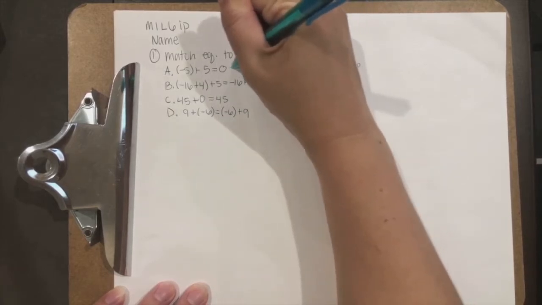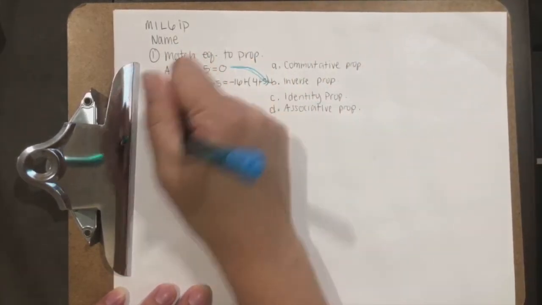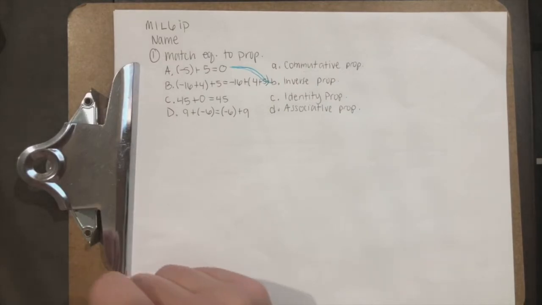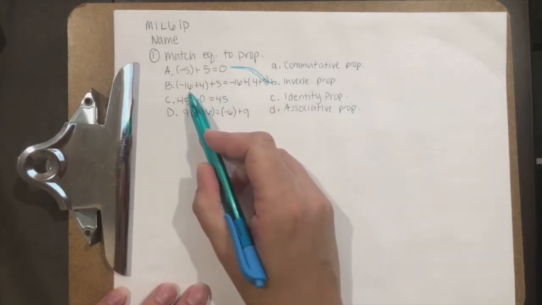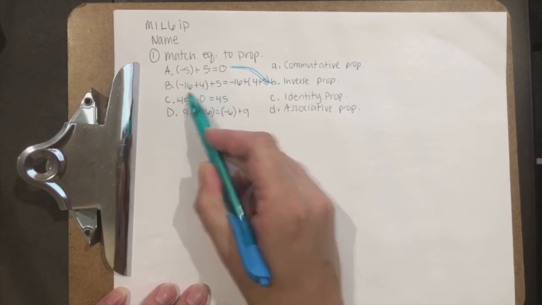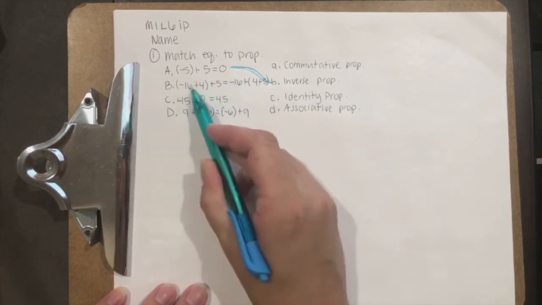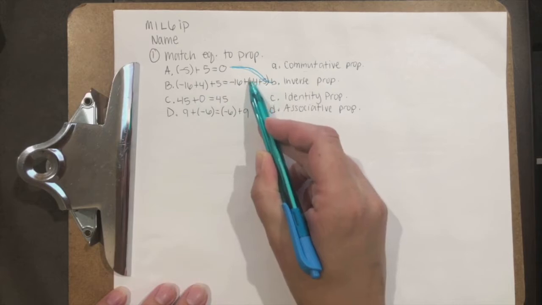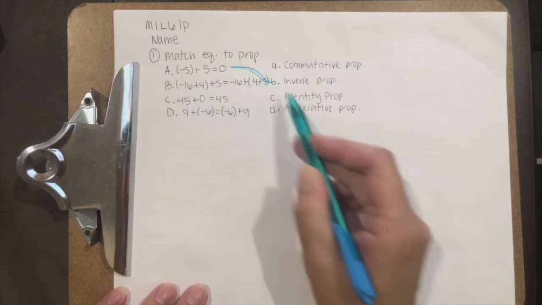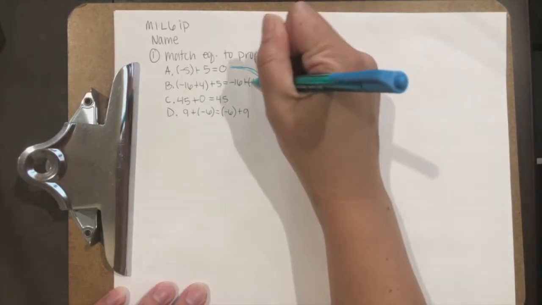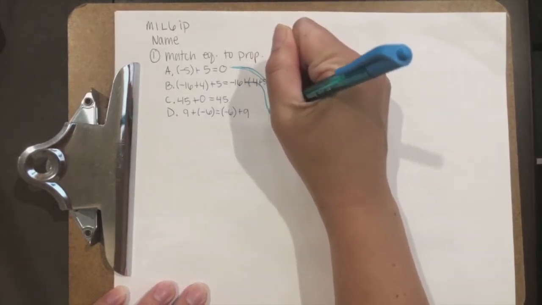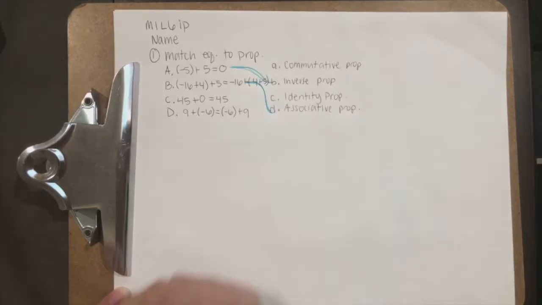So capital A goes to B. Okay, then B, -16 plus 4 is grouped, and then -16 stays in the same order, but now we've got the 4 and the 5 grouped. Well, those are associative, right? You're kind of like associating with different friends. So capital B goes to lowercase d.